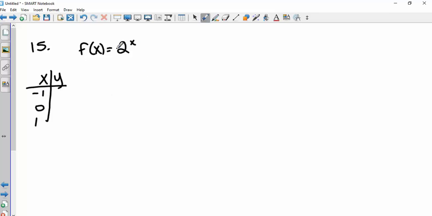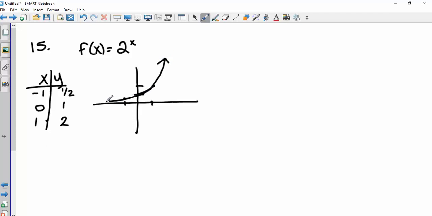Okay, 2 to the -1 would be 1/2. A negative power just flips it. Anything to the 0 power is 1. And then 2 to the first is 2. So I have -1, 1/2, 0, 1, 1, 2. When you graph these, remember, will it ever equal 0?